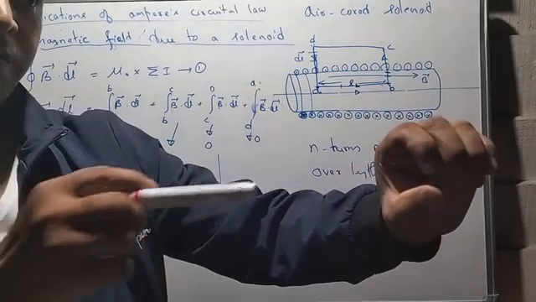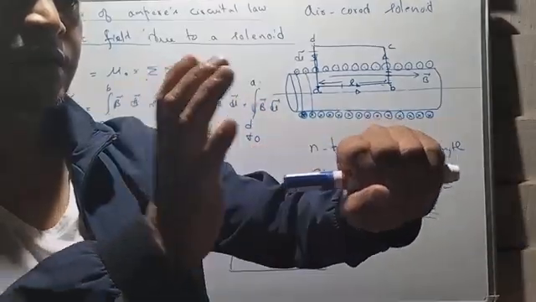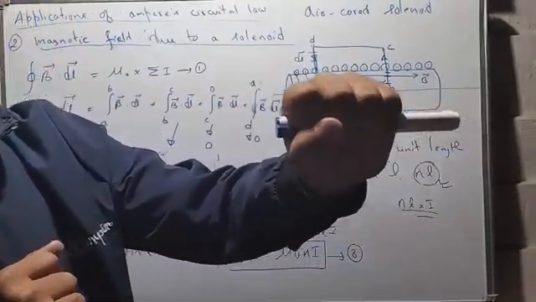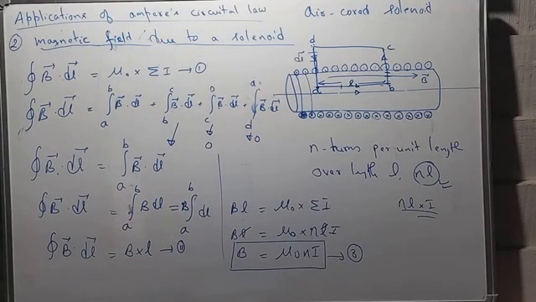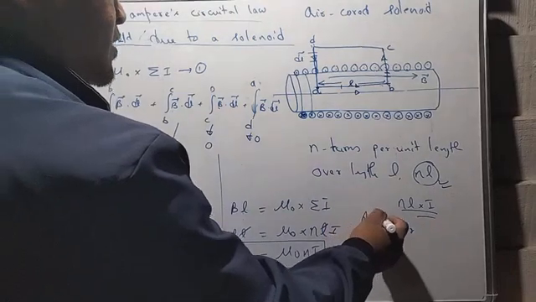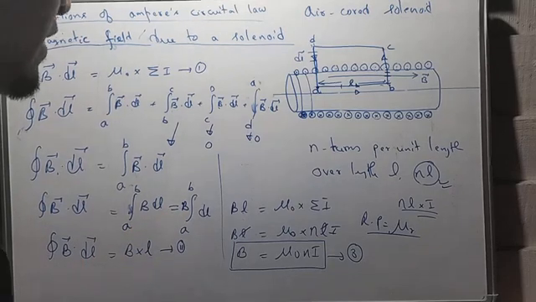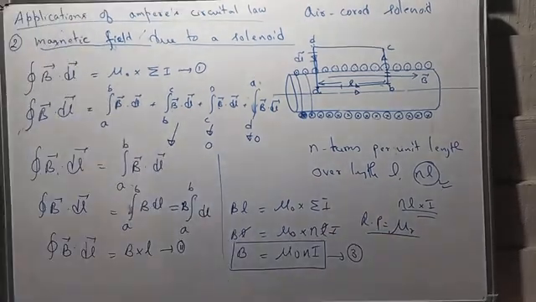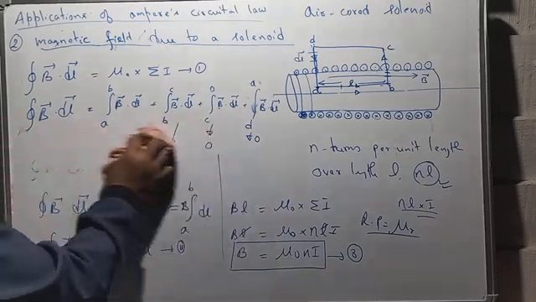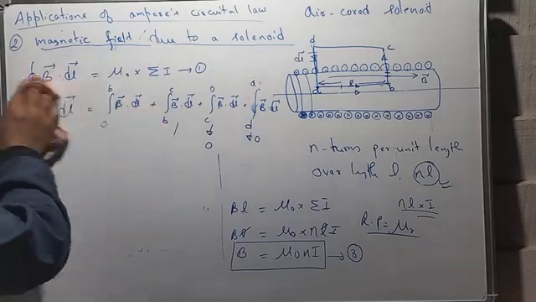But now, if I insert a material having a relative permeability mu r, then I will no longer call it an air core solenoid, but a solenoid with a material inside.